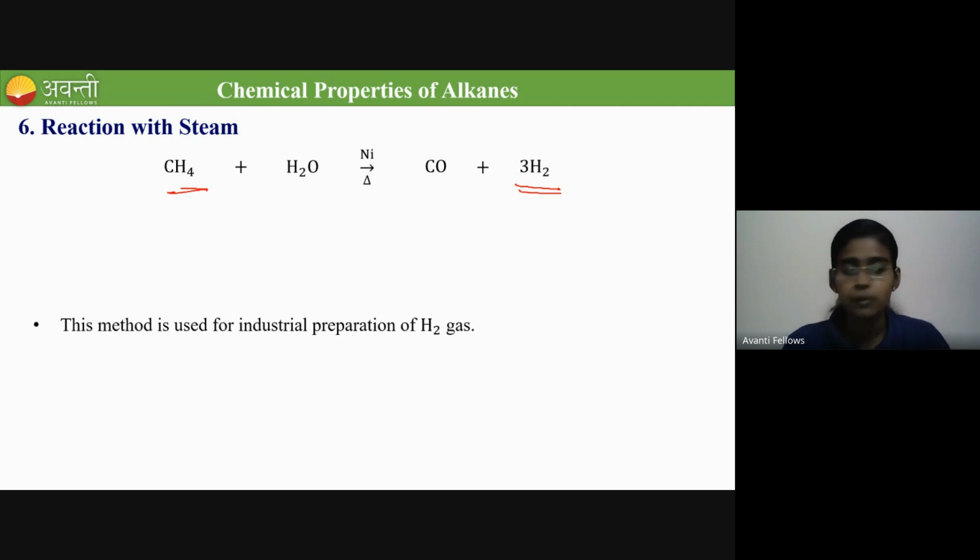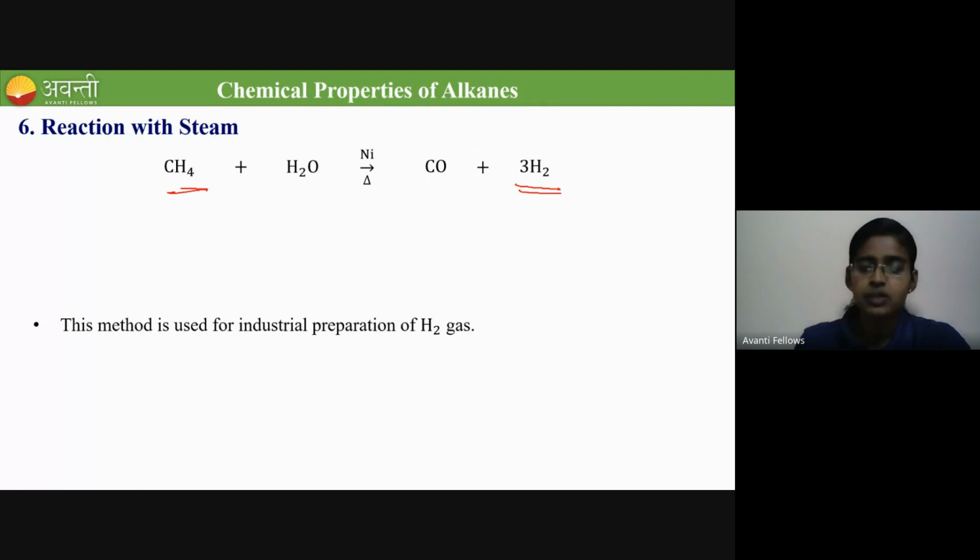So more hydrogen can be produced from this reaction. In the industries where they are preparing hydrogen gas, they follow this particular reaction. We can get hydrogen from any reaction, but this particular reaction is used in the industries. So this is about the reaction with steam.